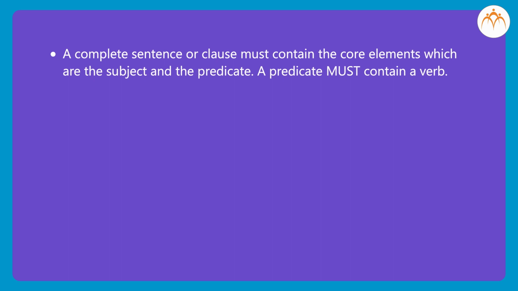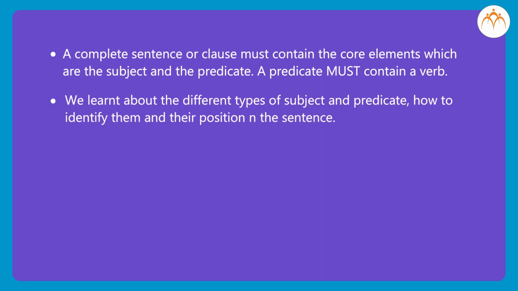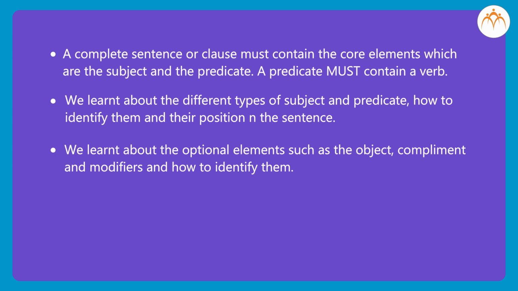A predicate must contain a verb. We learned about the different types of subject and predicate, how to identify them, and their position in the sentence. We learned about the optional elements such as the object, complement, and modifiers, and how to identify them.